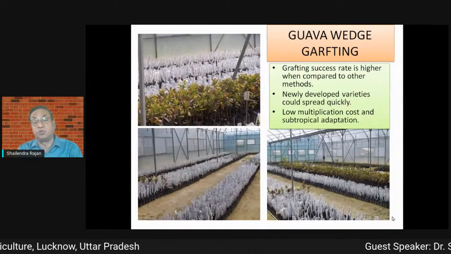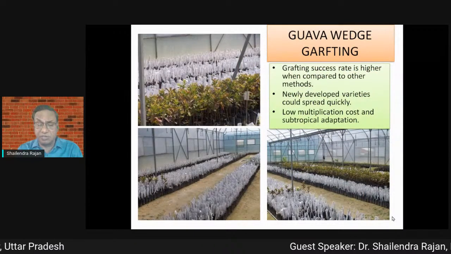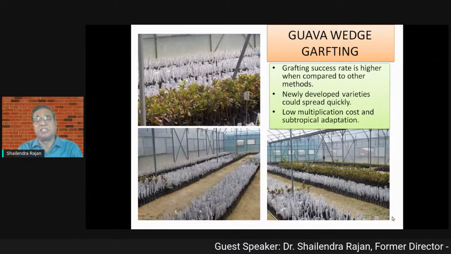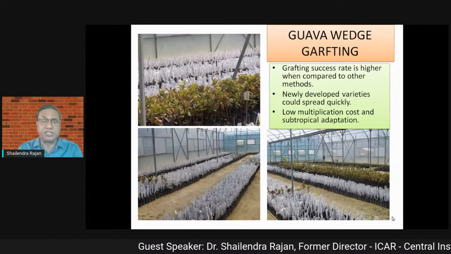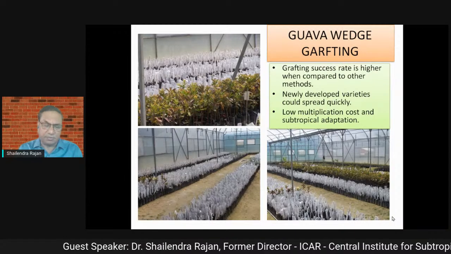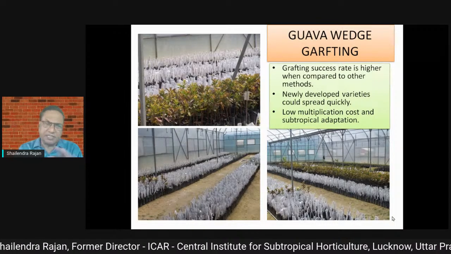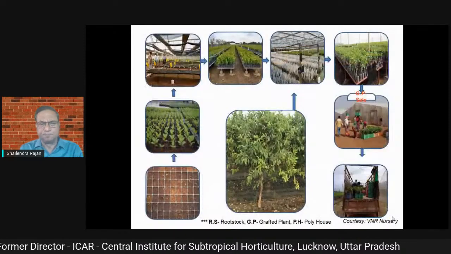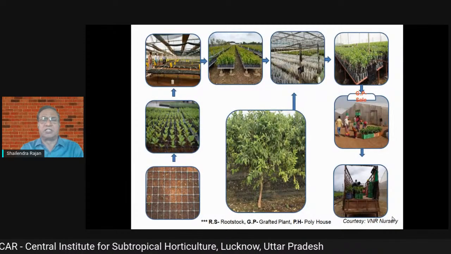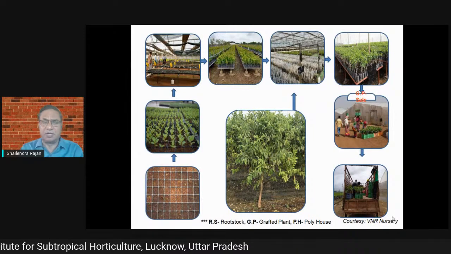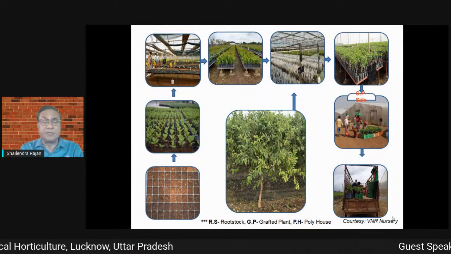Guava, which was difficult to multiply, with inarching the only method besides layering, now has millions of plants being produced by newer techniques like wedge grafting. It was refined at CISH Lucknow and is now adopted in different ways in different parts of the country. I will give you one of the chains of how it has become an industry.